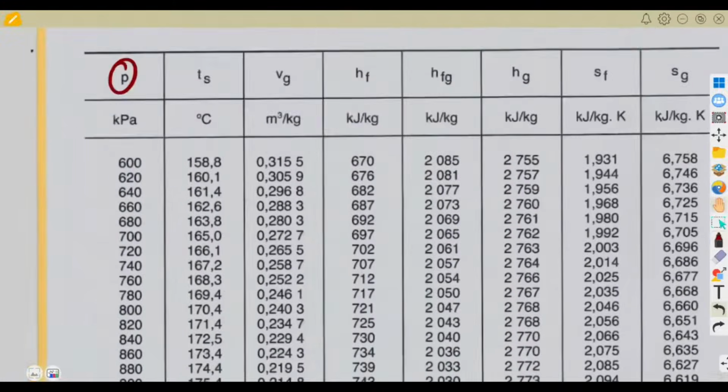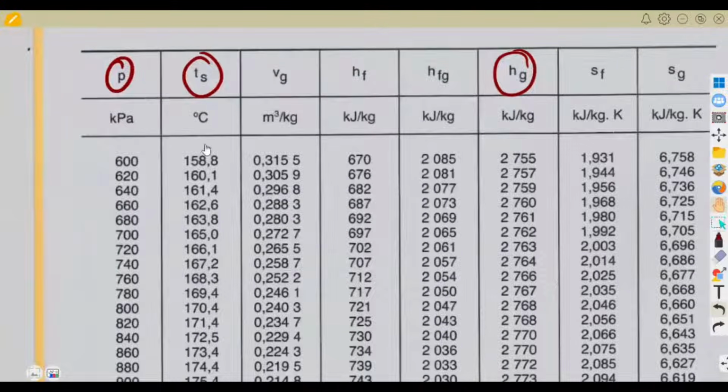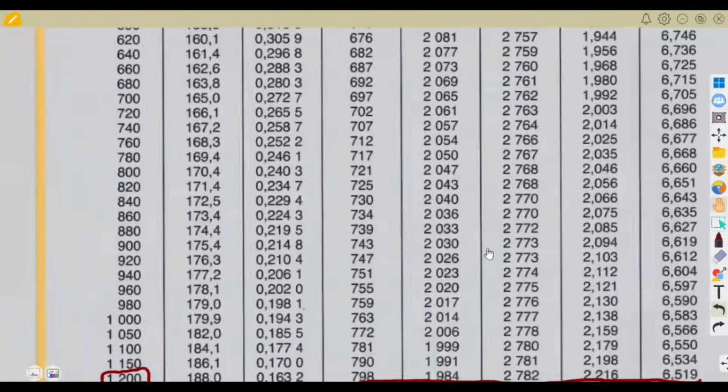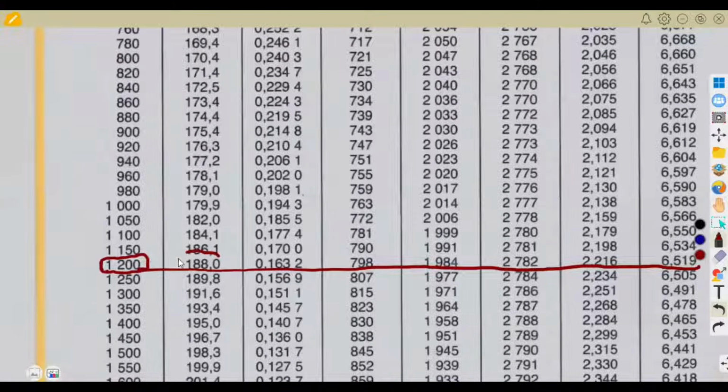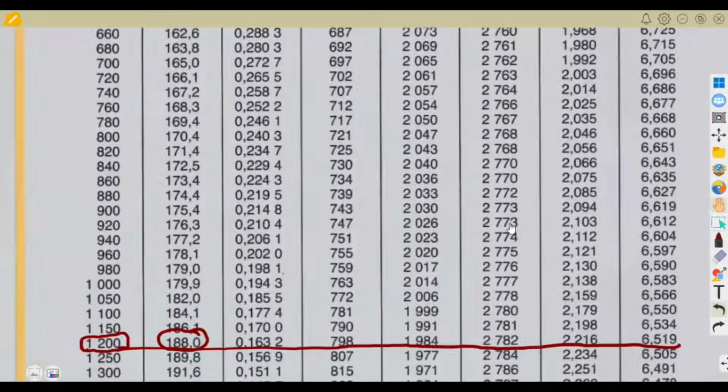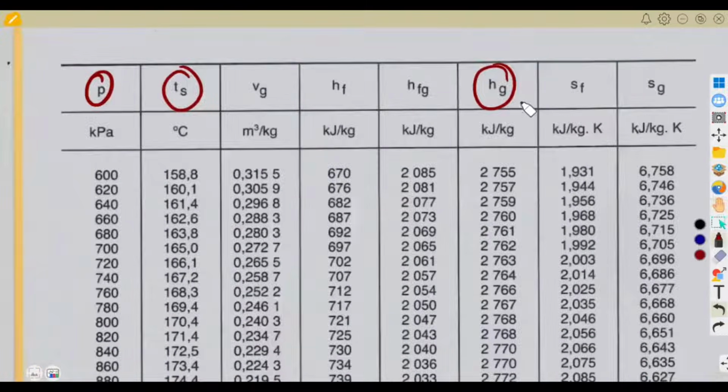Remember what we need: we need the saturation temperature, Ts, and Hg for the dry steam. So the saturation temperature there is 188. So this is our temperature, 188 degrees Celsius.